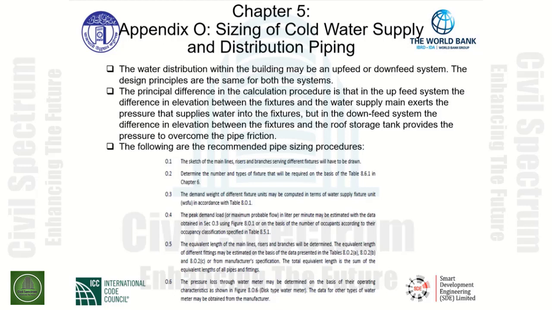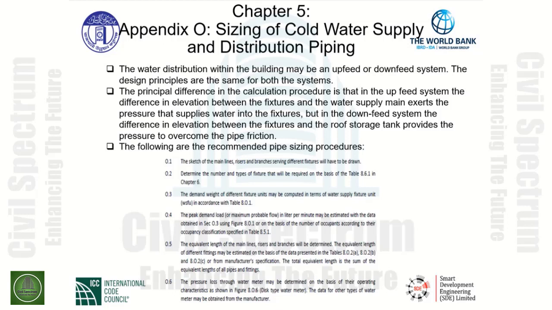The total equivalent length is the sum of the equivalent lengths of all pipes and fittings. We need this to determine the pressure losses, not only in the pipe, but also the pipe fittings.